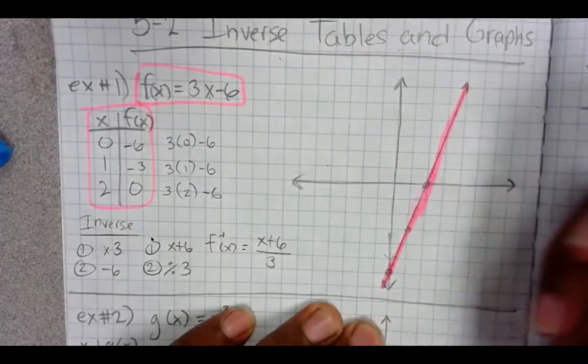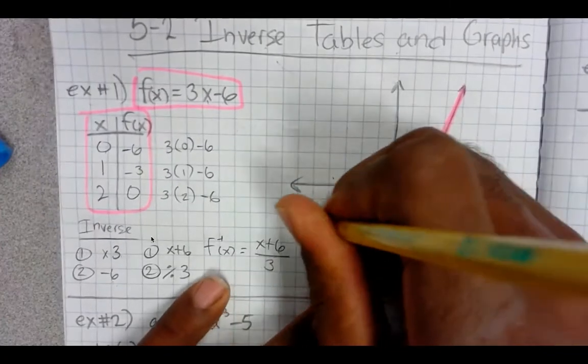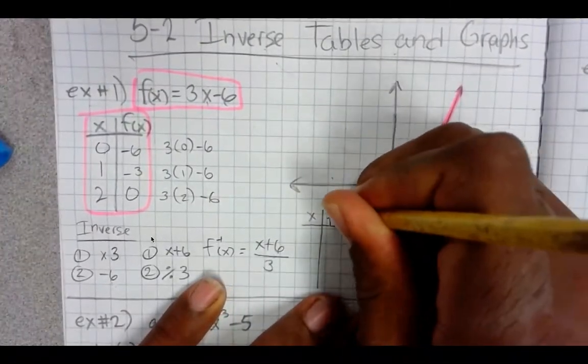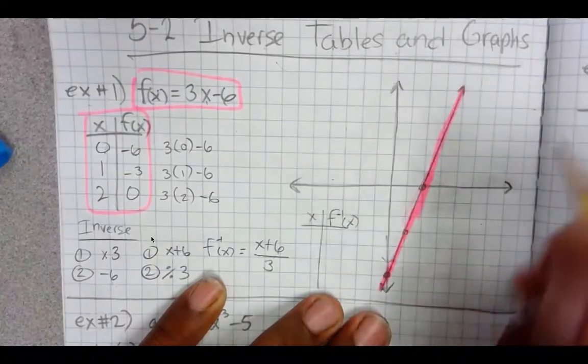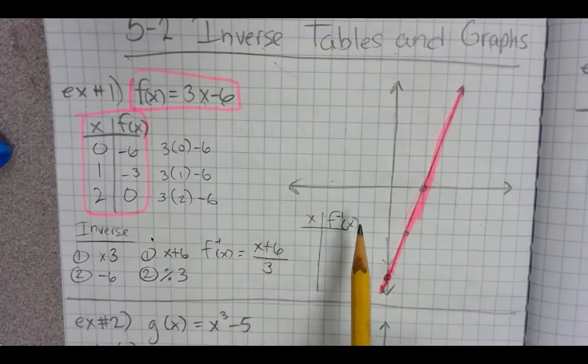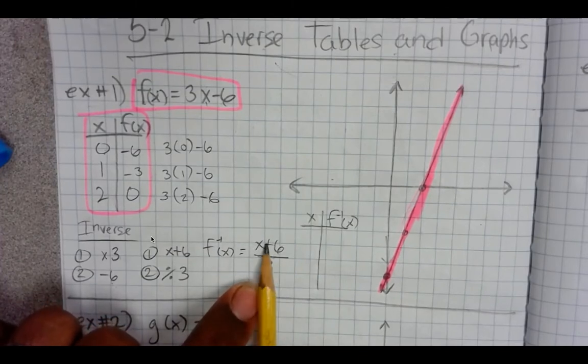All right, so now let's create a table. It's okay, I'm kind of getting into the graph space, but that's okay. We'll have room, because it won't be affected by where it's at. All right, and what I'm going to do is I need to plug in points into that function.